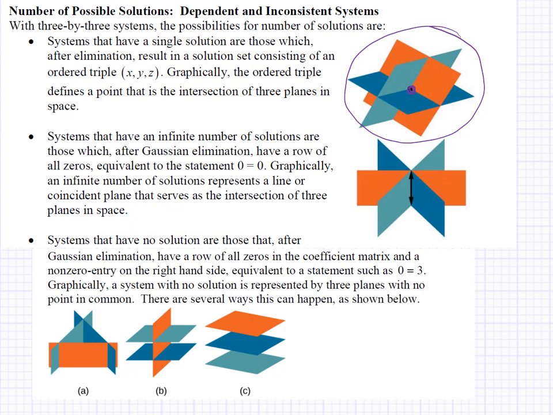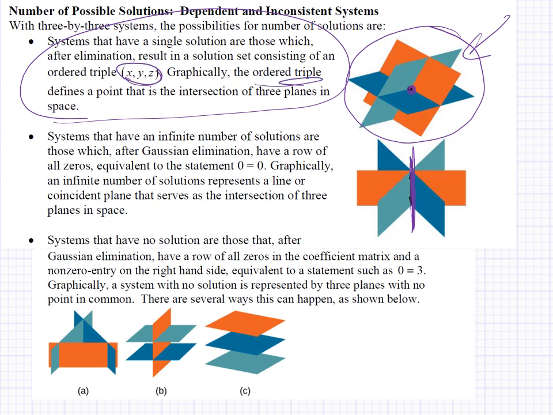There's also a possibility that all 3 of those planes intersect as a line. That's the intersection of all 3 planes. Now, that would represent essentially an infinite amount of solutions because that line is made up of infinitely many points. So in the situation where the planes all intersect at a single point, you get one solution, and it's that ordered triple x, y, z.